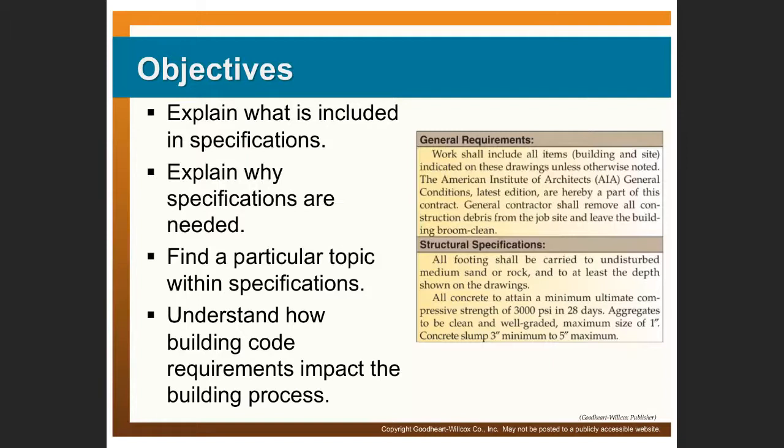Explain what's in a specification and why they are needed, and get some understanding about what's in the specification. We've already talked about how building code requirements impact the building process. So that's what we're going to try to do here.